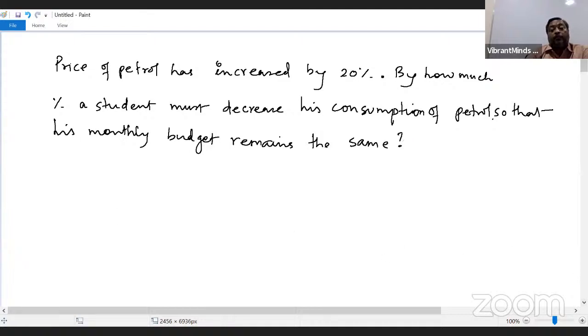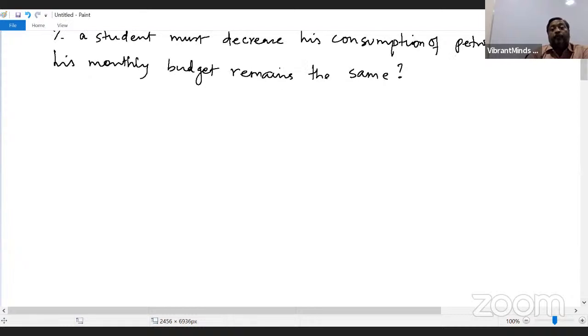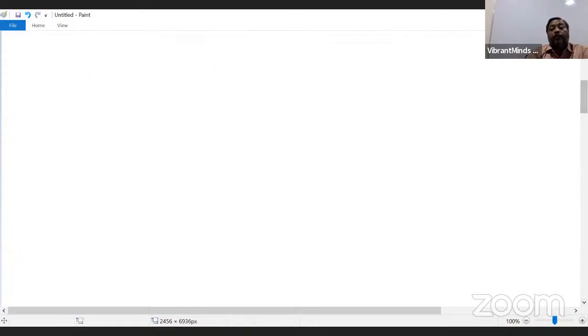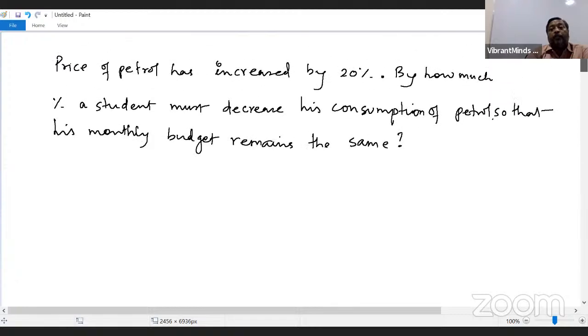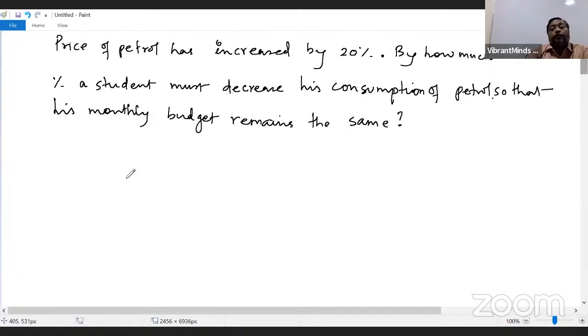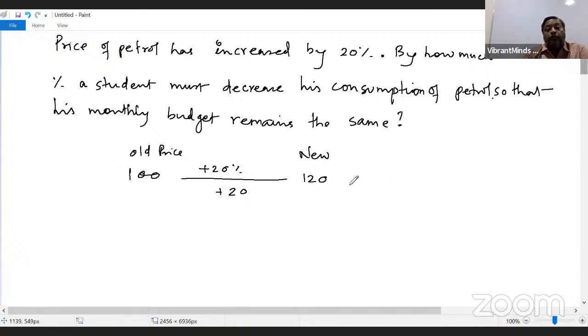Now understand. Let me discuss it first. Now see, let's say the price of petrol is 100. This is your old price. New price has become how much? 120, because it has been increased by 20%, that is plus 20. Now to control his budget, suppose that guy was getting rupees 100 petrol.